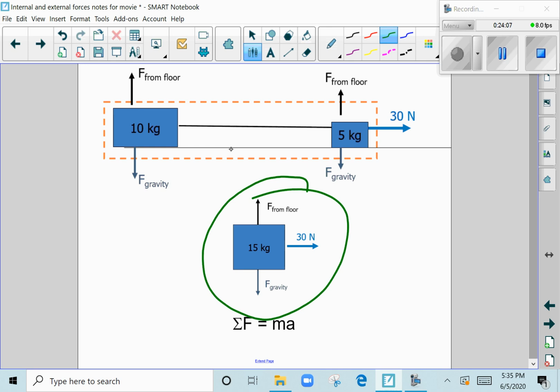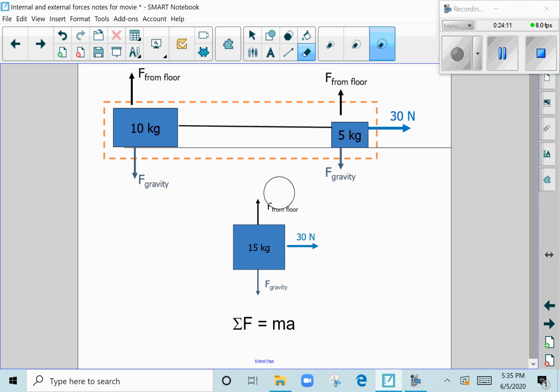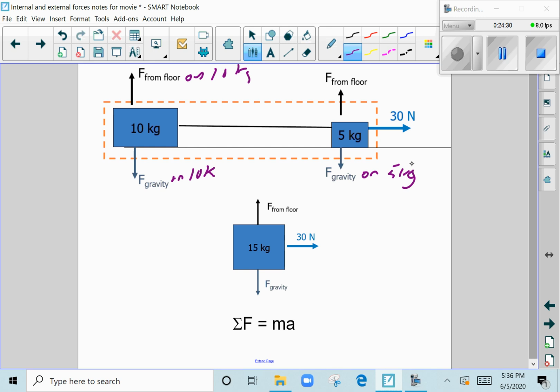Now, I do have one minor change in how I'm going to label my forces. If I take a look at the forces at the very top, I'm going to say force of gravity on 10 kilograms, force of floor on 10 kilograms, force of gravity on 5 kilograms, and force of floor on 5 kilograms.